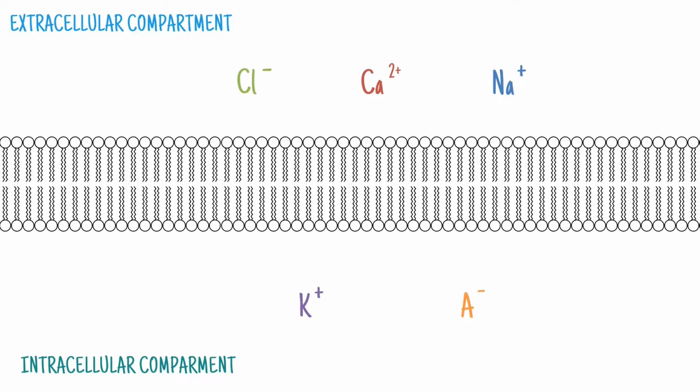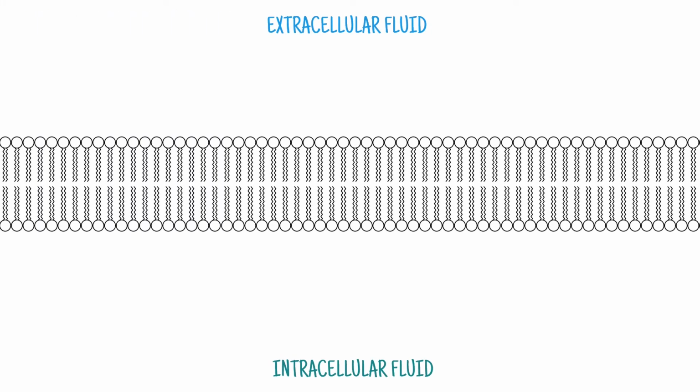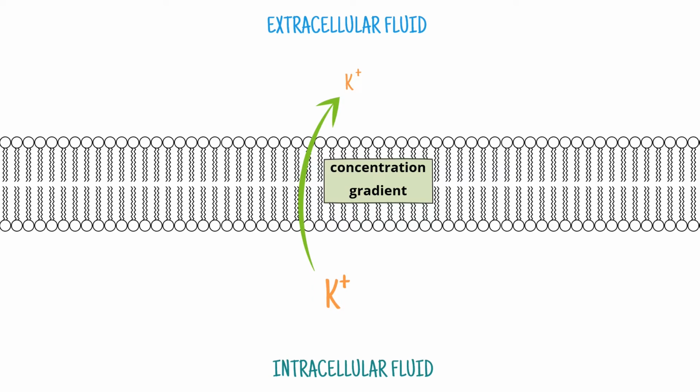Now, to explain this better, let's take a closer look at only one ion, potassium. As we said, there's a high concentration of potassium inside the cell and low concentration outside the cell. And this creates a concentration gradient, where potassium inside the cell diffuses through the membrane so that there's the same concentration of potassium inside and outside.